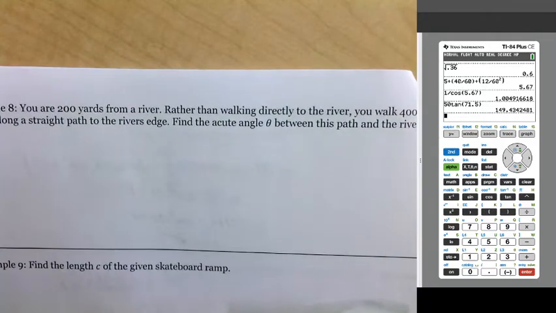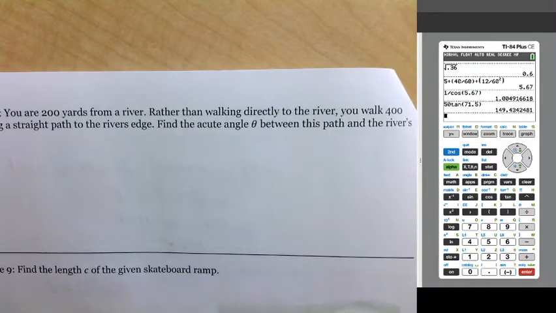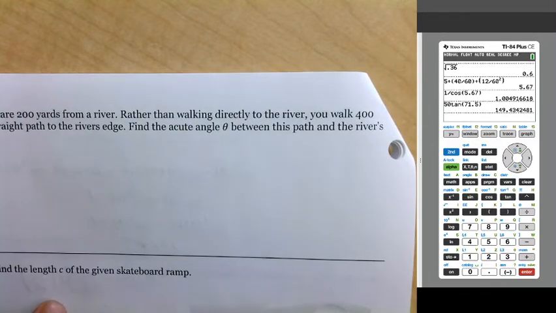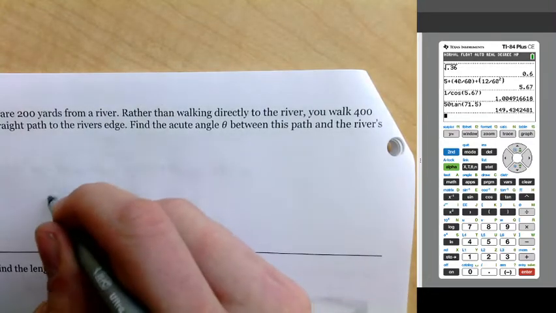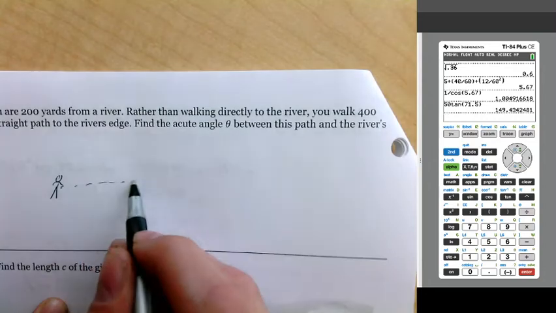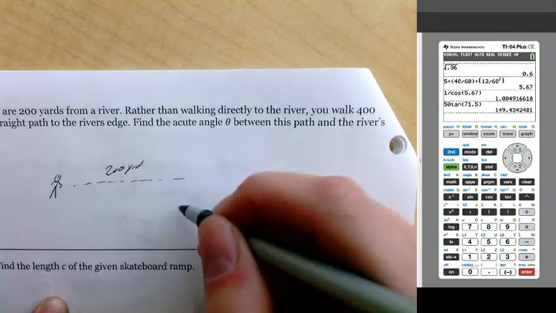So you are 200 yards from a river. Rather than walking directly to the river, you walk 400 yards along a straight path to the river's edge. Find the acute angle theta between this path and the river's edge. So here you are, 200 yards from this river.